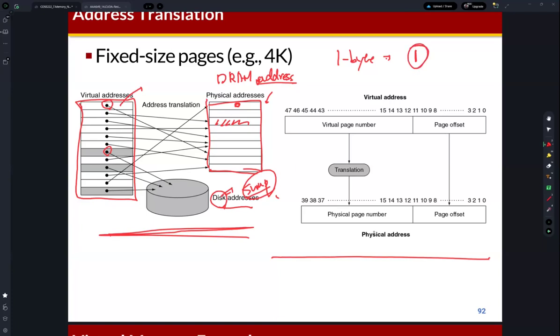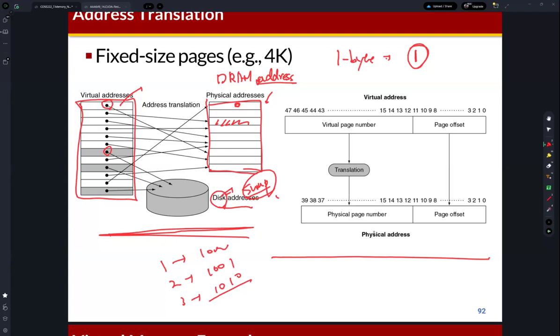If we translate all byte addresses, then the overhead will be very large. So the 1 is translated to 1000, 2 is translated to 1001, 3 is translated to 1010.